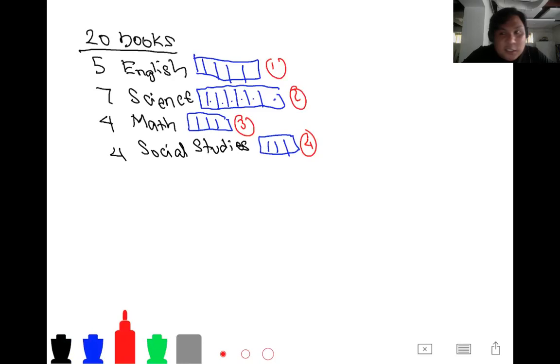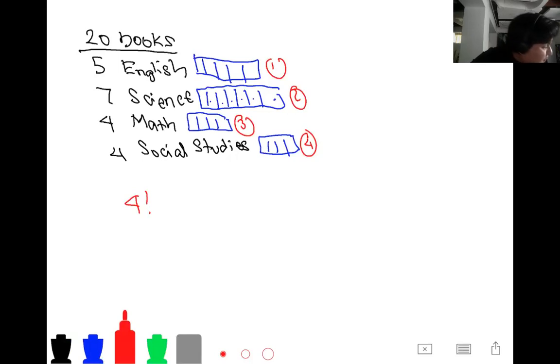Okay, so since I need to arrange all 4 of them, that is P 4 taken 4, all right? Because I need to arrange all of them, right? I need to choose all 4 from the 4 different groups. So P 4 taken 4 is simply 4 factorial, okay?